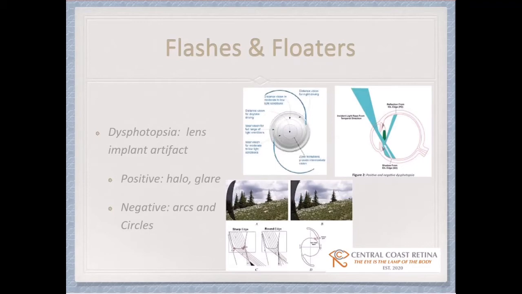They're called multifocal lenses, so they might have multiple rings in them at different focus. As the light travels through the edge of those lenses, it can split the beam and cause either stealing of light or additional light to be registered by the retina. So they can have positive or negative dysphotopsia, where they see things that are not there because of the lens artifact.